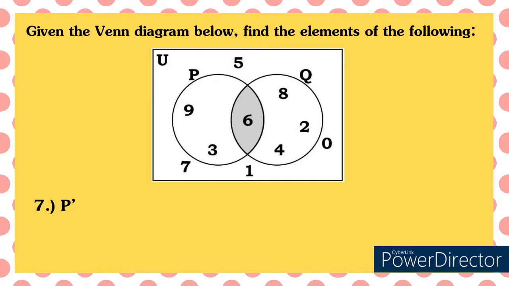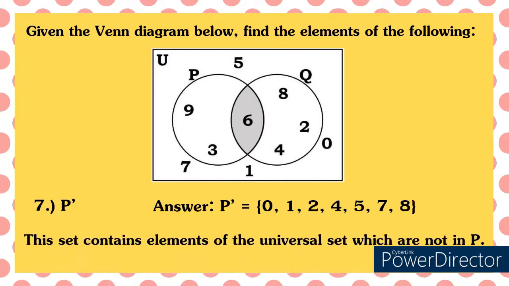Ang elements na makikita kay B na kung saan wala kay A, and also elements that are found in the universal. Okay, so ano yung mga elements na yon? So, the complement of set P is 0, 1, 2, 4, 5, 7, 8. Okay, so this set contains elements of the universal sets which are not in P.